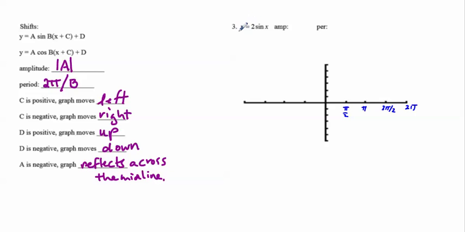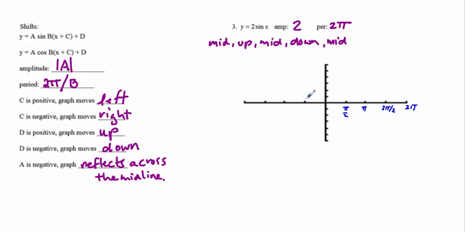Okay, in number 3, we have a 2 in front of the sine, and that is the a value, so that changes our amplitude. So our amplitude is now 2. There's nothing in front of the x, so our period did not change. The period is still 2 pi. So this is a sine graph. Remember that sine is midline, up, midline, down, and midline again.